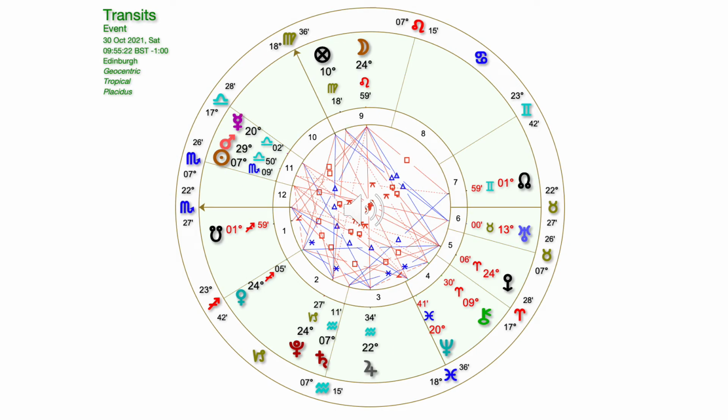Okay, and this is an example of a chart. I've just taken a snapshot from the 30th of October, which was last weekend, and here we can see the signs all around the outside. The circle is split into 12, but within each or most of the segments and what we call houses are placed planets.